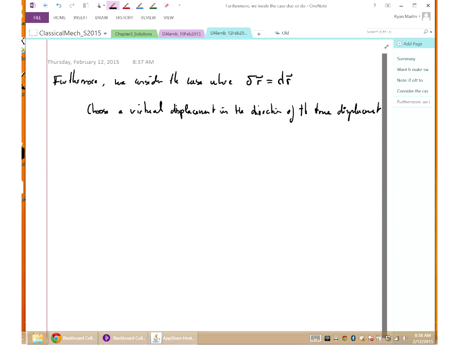We can do that, right? The virtual displacement has to be in harmony with the constraints. We're allowed to choose any virtual displacement that we want, and so we can obviously choose the one that is also the displacement that the system will take.